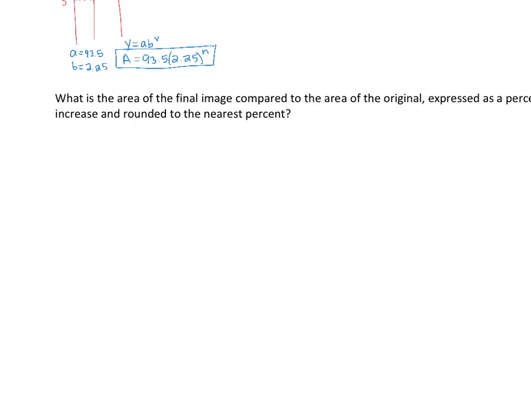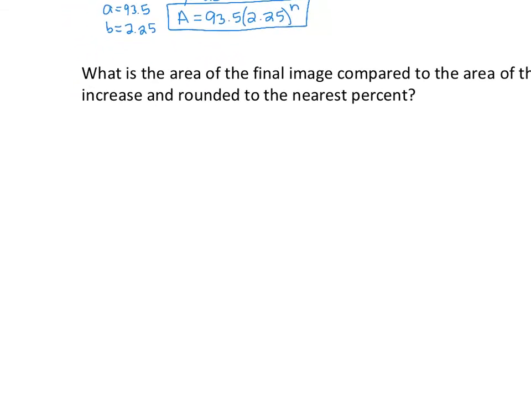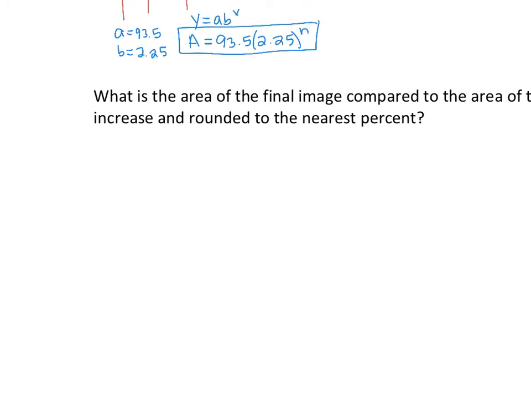What is the area of the final image compared to the area of the original, expressed as a percent increase, rounded to the nearest percent? Percent increase, the formula is change over original equals percent over 100. The change is the subtraction, essentially the range between the two values you're concerned with.